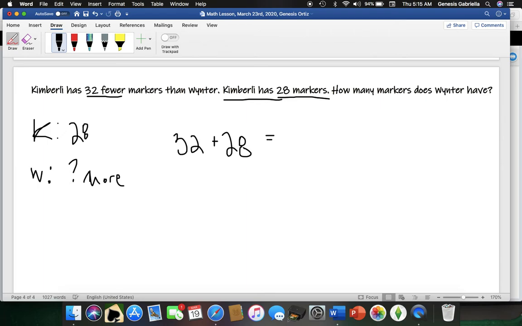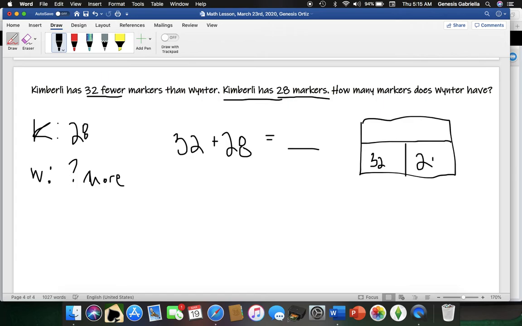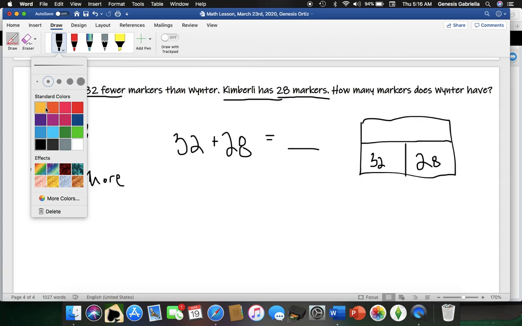equals blank. Of course, let me draw my unit bar. And since it's an addition problem, we're missing the whole. So we have our two parts, which is 32 and 28. Alright. Now, let me change my color real quick.